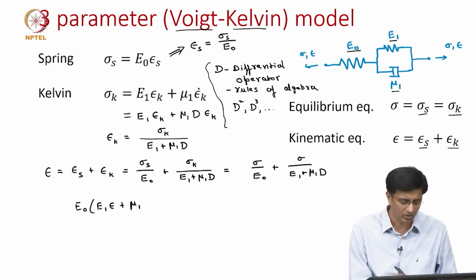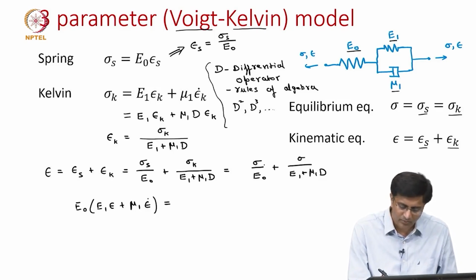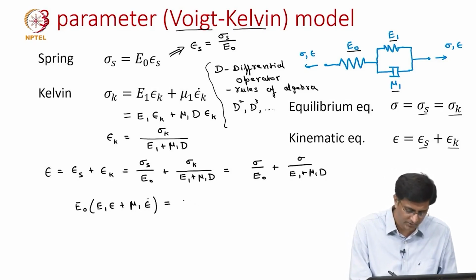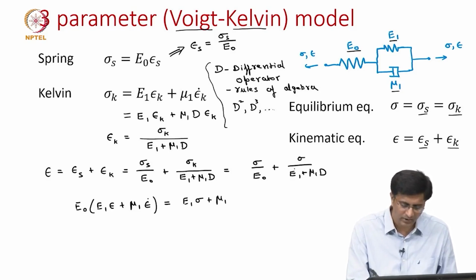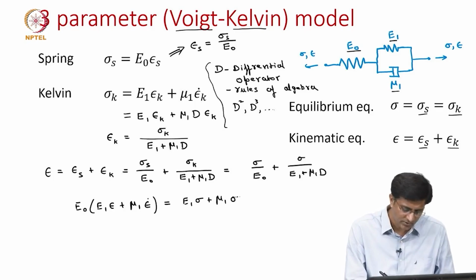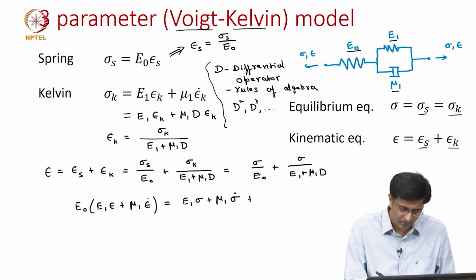It is epsilon dot, or the strain rate. This is sigma times this denominator E1 plus mu1 d, which will give us E1 sigma plus mu1 d times the stress sigma will give us stress rate, or sigma dot, plus E naught times sigma.